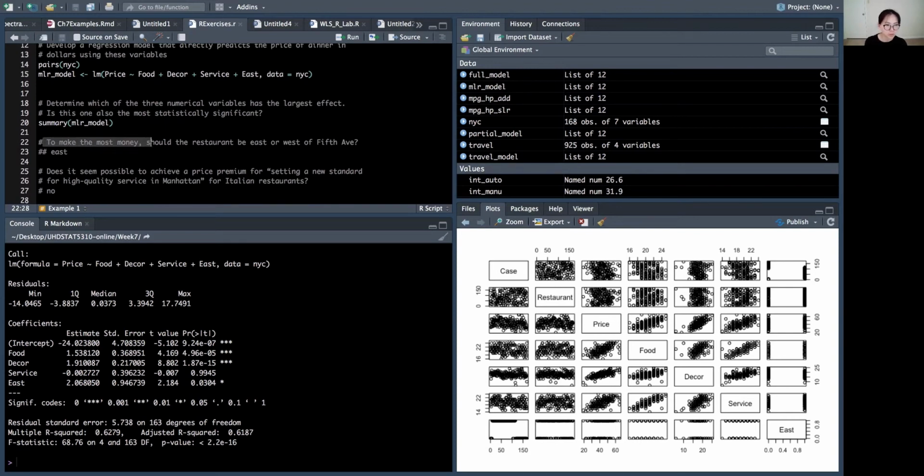Like, to make the most money, should the restaurant be east or west of Fifth Avenue? Well, look at this.